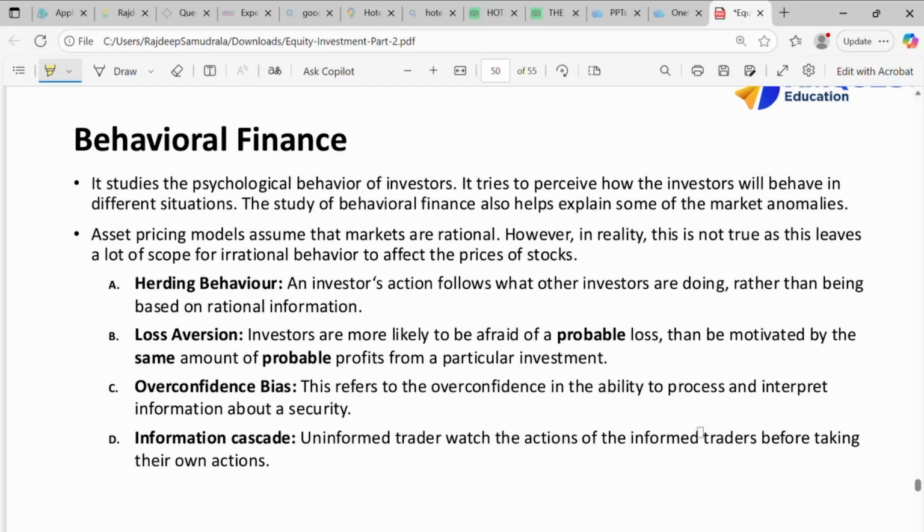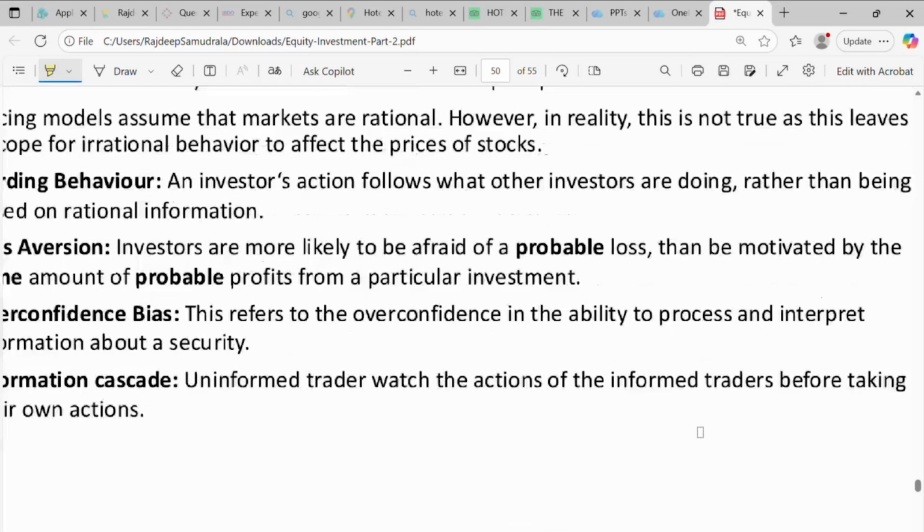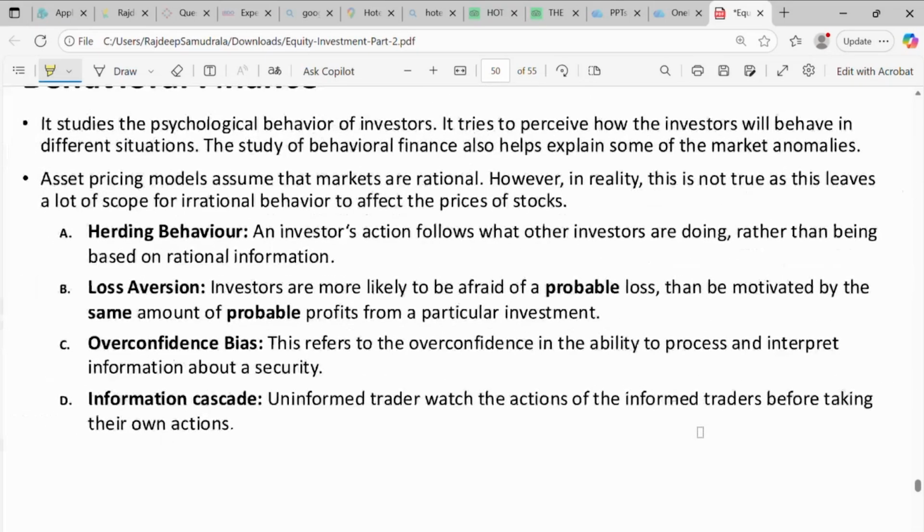Herding behavior is where everyone will do what others are doing. People will follow the crowd, and that's called the herding effect. One investor will not follow his gut or research; he'll follow the actions of other investors, which is honestly very scary, but that's something that often happens.